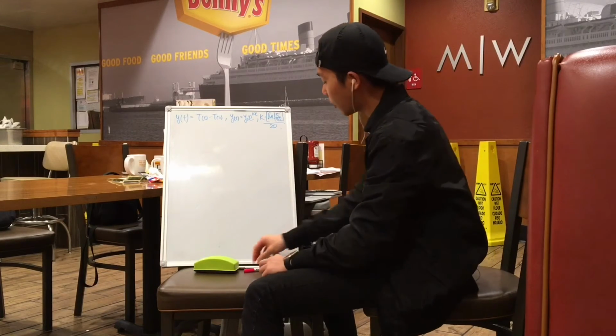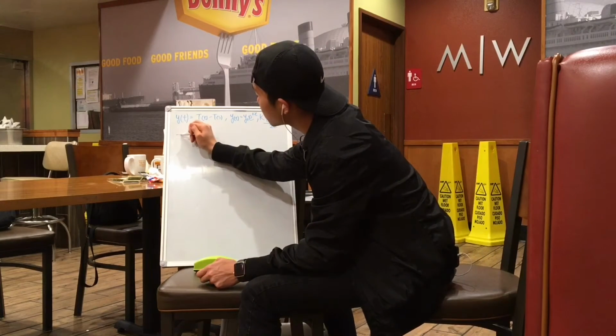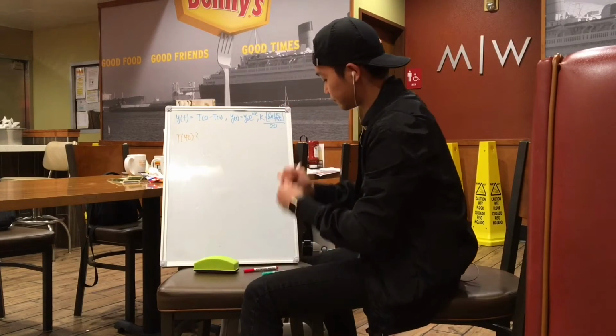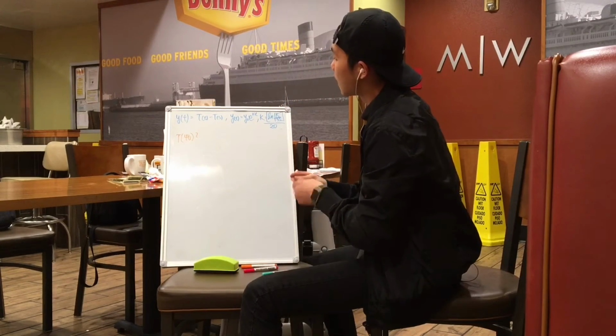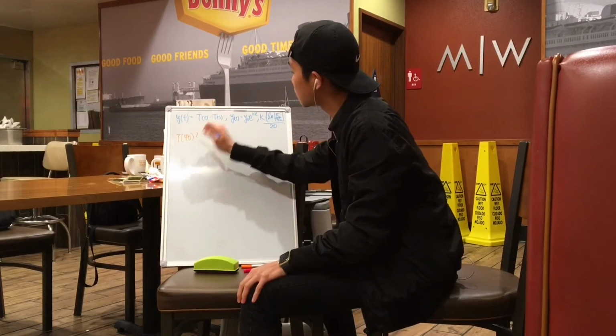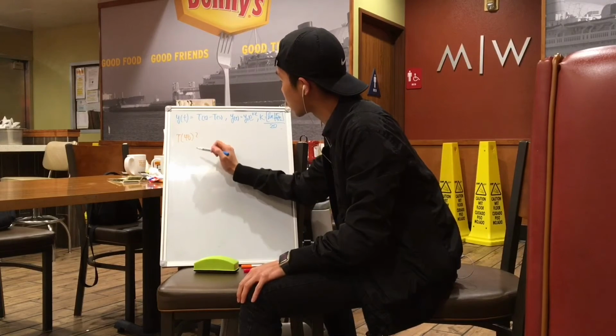Now part A is asking what's the temperature of a cup of tea after 40 minutes. We are plugging all this given information back into the equation we were solving.